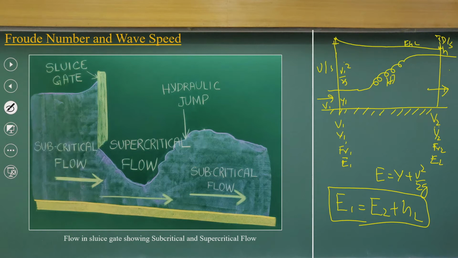But we do not know V2 and Y2. If we know V2 and Y2, we can compute the flow Froude number, which, as it is a subcritical flow, should be less than 1. Then we can estimate the specific energy at the downstream level, and then compute the energy losses.